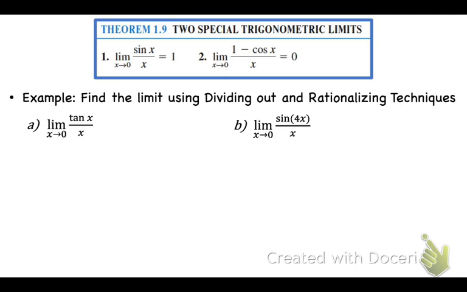So you need to have this somewhere and you need to highlight it and memorize it. And the limit as x approaches 0 of 1 minus cosine of x over x is 0. All the time, every time, no matter what.